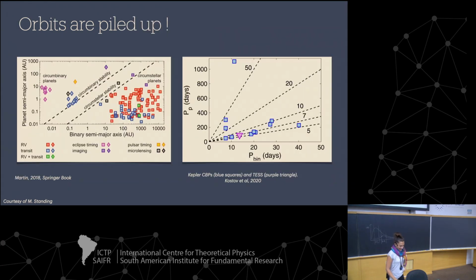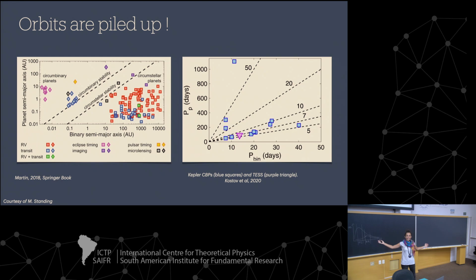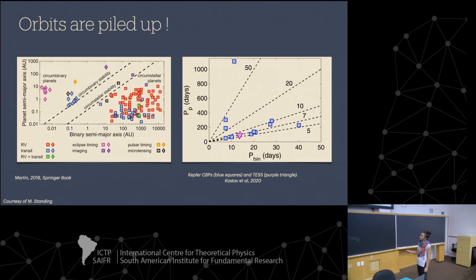Okay, so orbits are piled up. What happens if they form far away in the disk is that they will move towards the inner stability limit, and that's what we see with the observation. This work was done before this one. So you have the stability limit as a function of binary semi-major axis and planet semi-major axis, and you see that a lot of the transit planets are piled up on the stability limit.